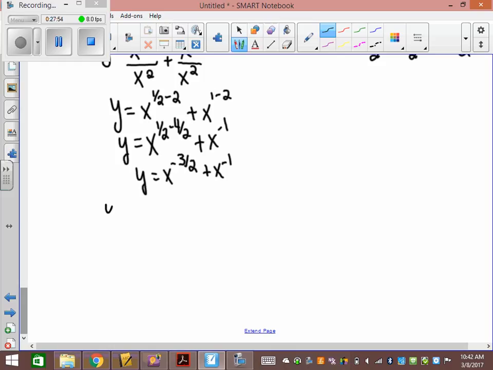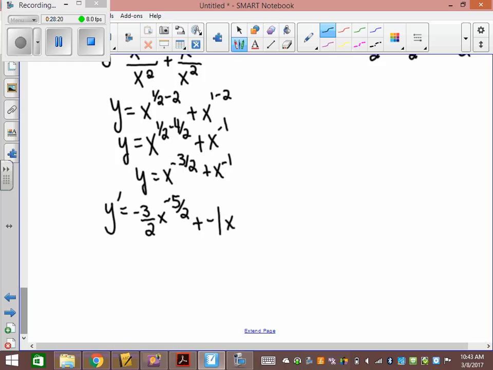So I'm going to get y prime equals, take the negative 3/2, drop it in front. X to the negative 3/2 minus 2 over 2, because we have to subtract 1 from it. So negative 3/2 minus 2 over 2 is what? Negative 5 over 2. Plus, negative 1 drops in front.